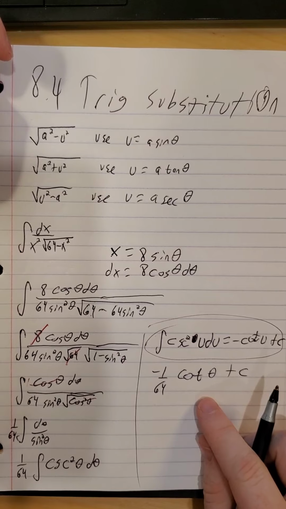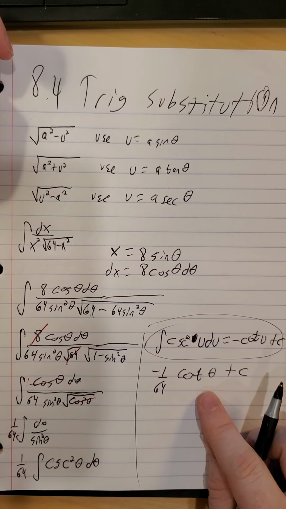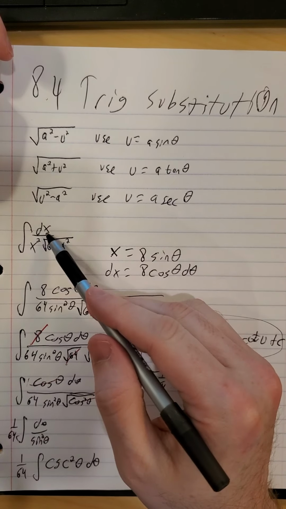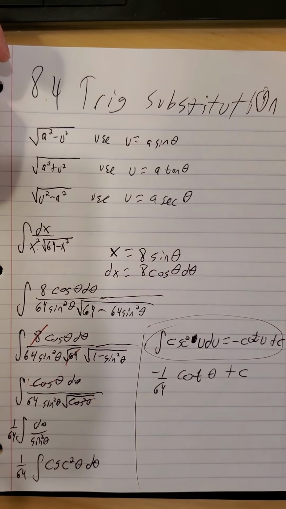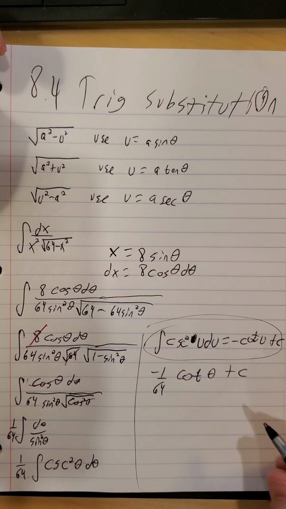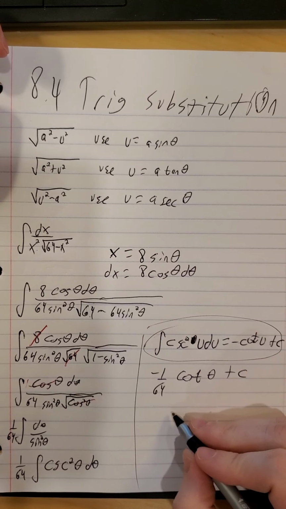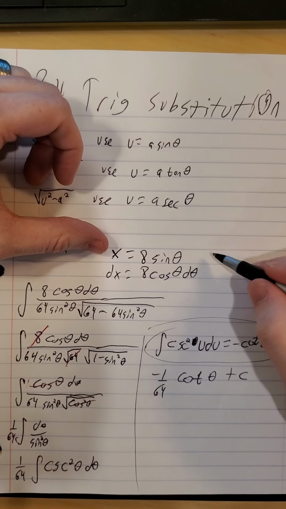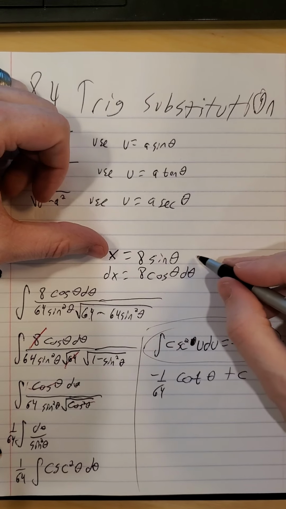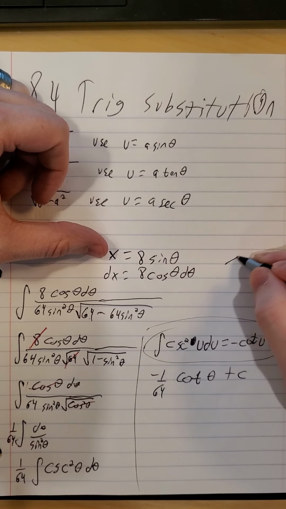Careful here though, we're not done yet. If you recall, the original problem was in terms of x. Right now we're in terms of theta. So this is where we want to make a quick little sketch. And in fact, I'm going to make it up here next to where I have my x equals statement.